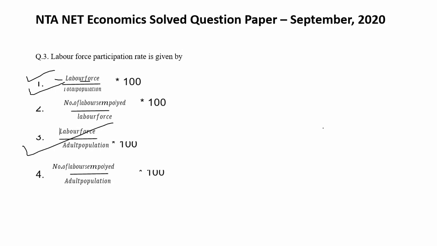Now let's look at the different question. Here the question is, labor force participation rate is given by which of the following, right? Which of the following correctly defines labor force participation rate? So we have 4 options here. So first let's find out what is labor force participation rate.